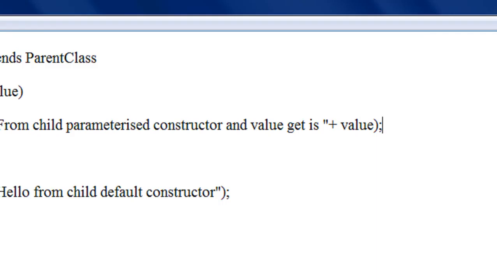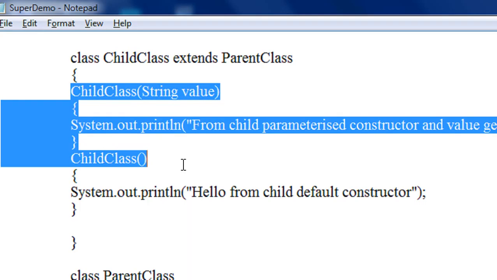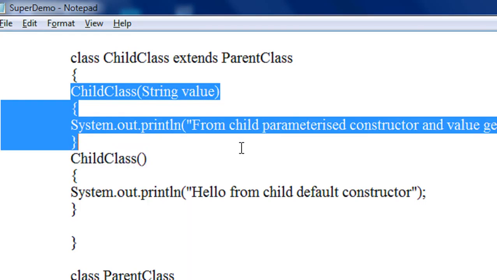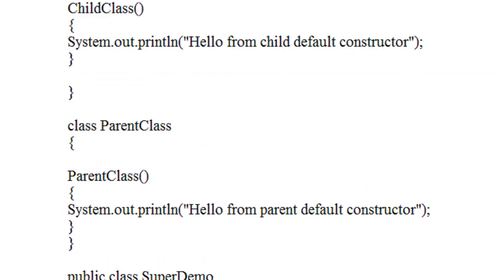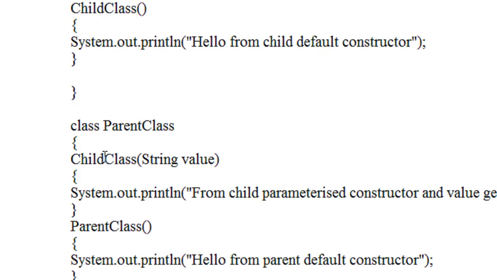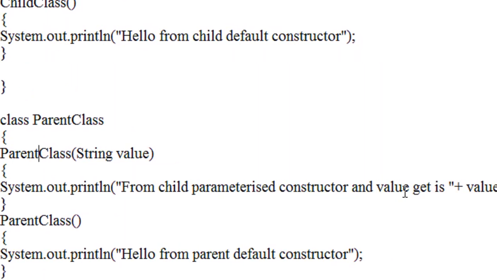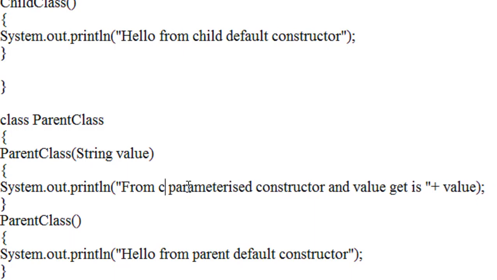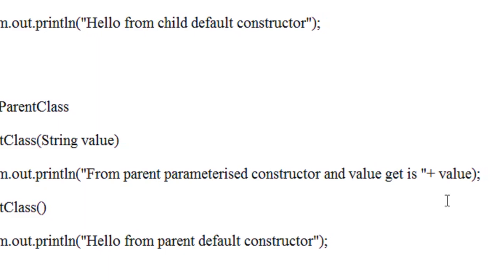Okay, now I am going to do the same thing in the parent also. I create a parameterized constructor in the parent class, and print "From parent parameterized constructor and value got is" plus value.